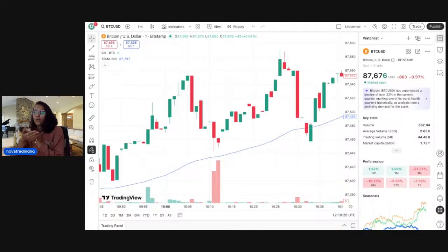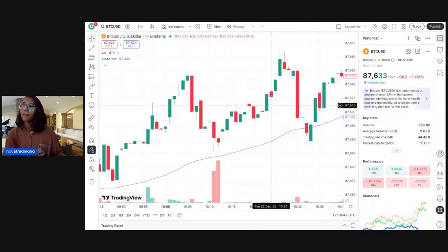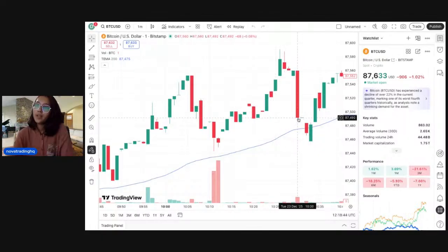Concluding this candle, I would say this is where the pros start protecting their gains, and the late longs are most vulnerable here, which we can see here.